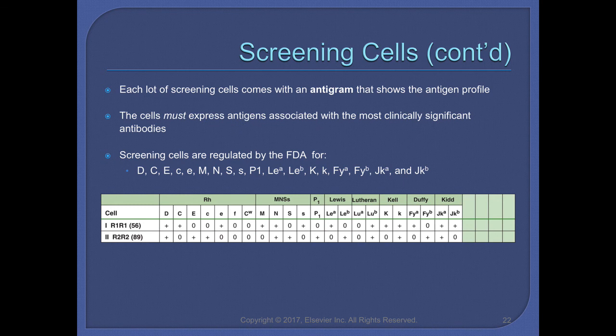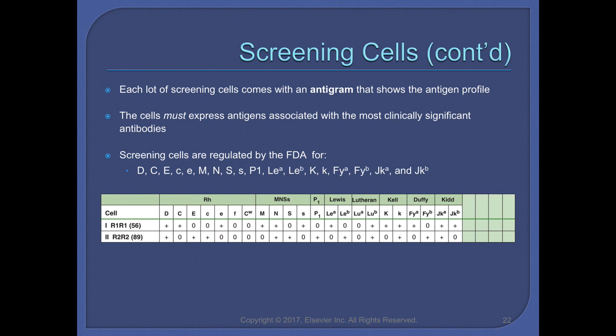Remember, these antigens could be of the Rh blood group system, the MNS blood group system, the P blood group system, Lewis, Lutheran, Kell, Duffy, and Kidd. These are clinically important, and this is why it is important to include them in the screening of antibodies.